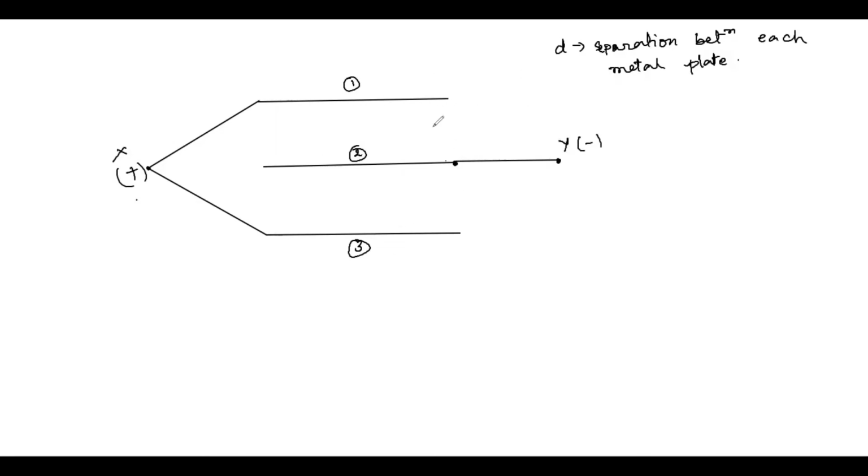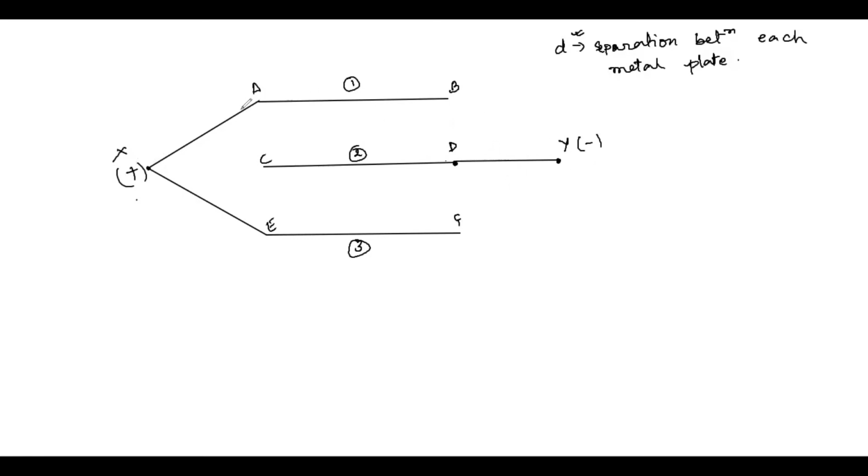Again I will repeat what I am doing here. I will consider three metal plates. Three metal plates are considered, placed equidistant from each other, and the separation between them is D. I have connected metal plates 1 and 3 to the positive terminal X, and the second metal plate I have connected to the negative terminal.